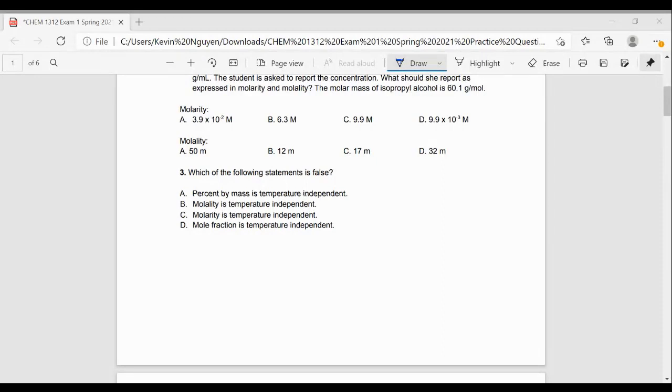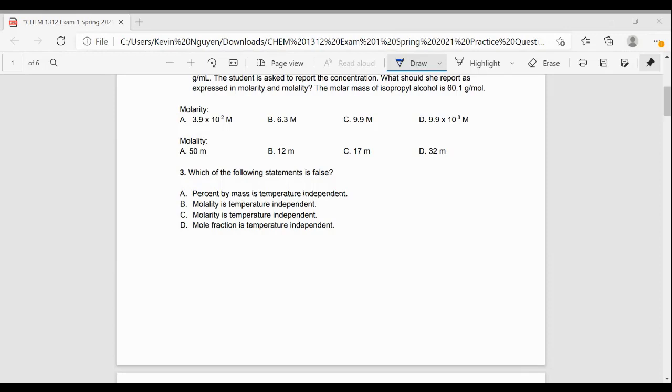The first one, A, percent by mass is indeed temperature independent. The formula for percent by mass is mass of the solute divided by mass of the solution times 100, and nowhere in there is volume involved.